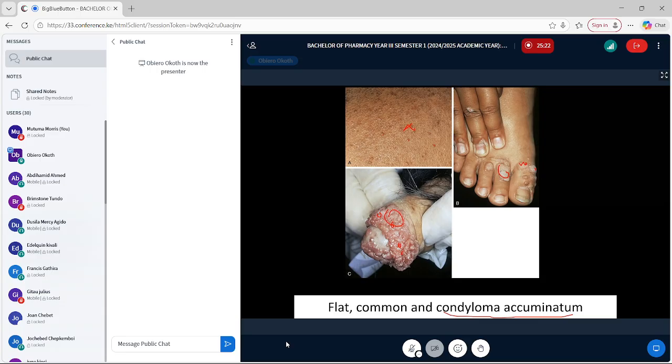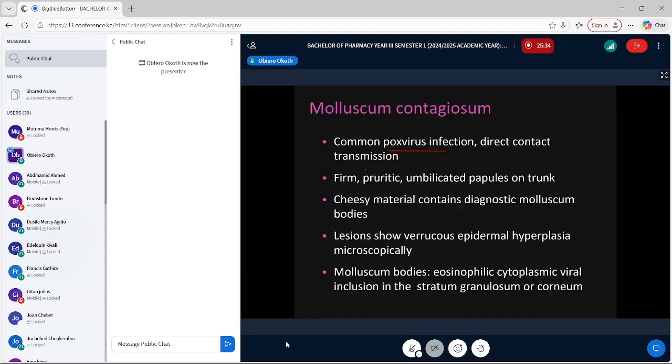Okay. Molluscum contagiosum, basically this is from a pox virus. Direct contact. The best way to remember is an umbilicated papule.